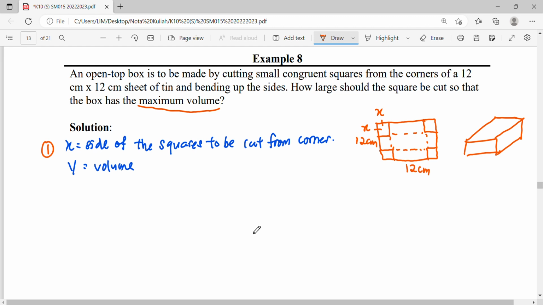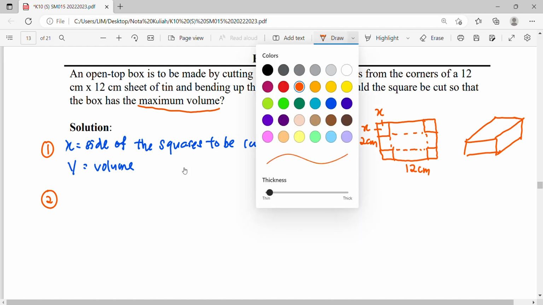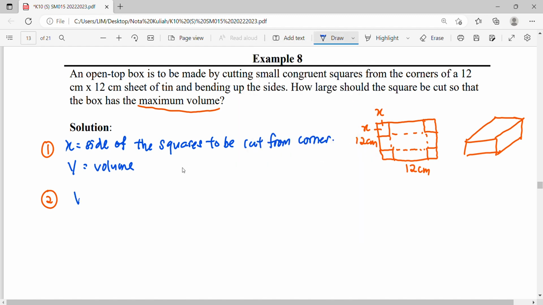So second step, once you want to maximize your volume, your formula must start with volume. So how do we obtain the volume of this open top box? When I cut this square, this side will be left with 12 minus 2x, right?